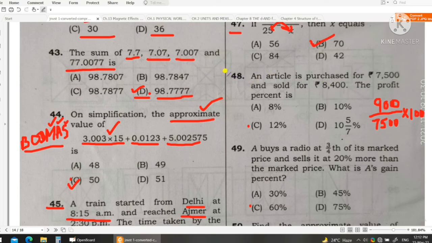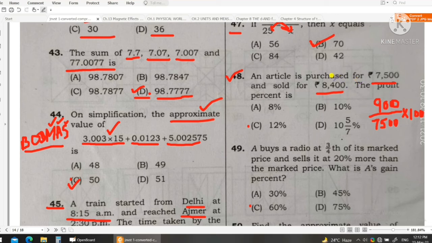Next question is 48. An article is purchased for rupees 7,500 and sold for 8,400. The profit percent is, first of all, how to calculate the profit. Profit is selling price minus purchasing price.